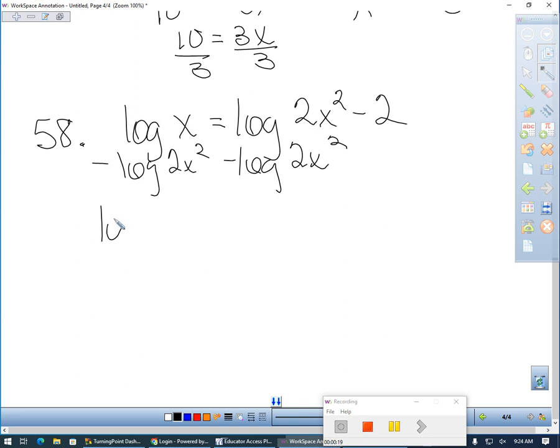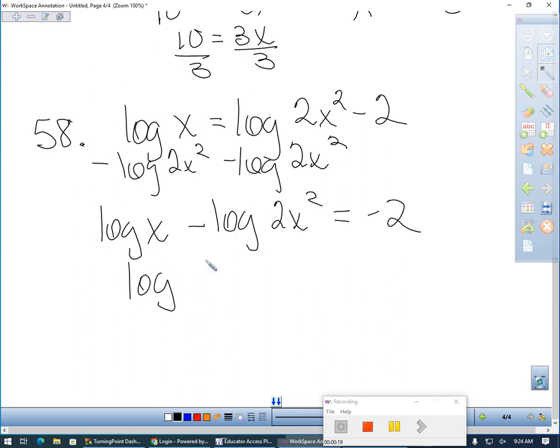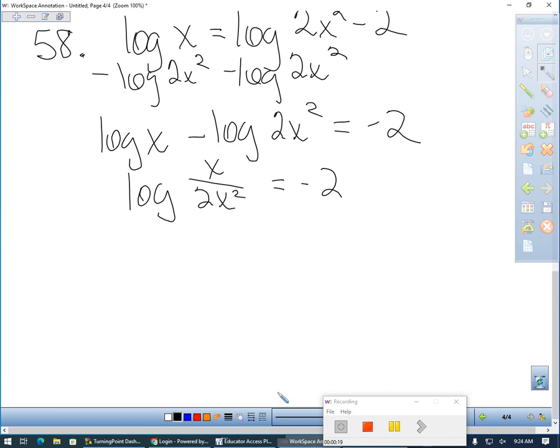So here I have log x minus log 2x squared equals negative 2. In the log world, remember we can divide. So this is really log of x over 2x squared equals negative 2. Well, this can actually reduce. Our x's can cancel. So this becomes log 1 over 2x equals negative 2.